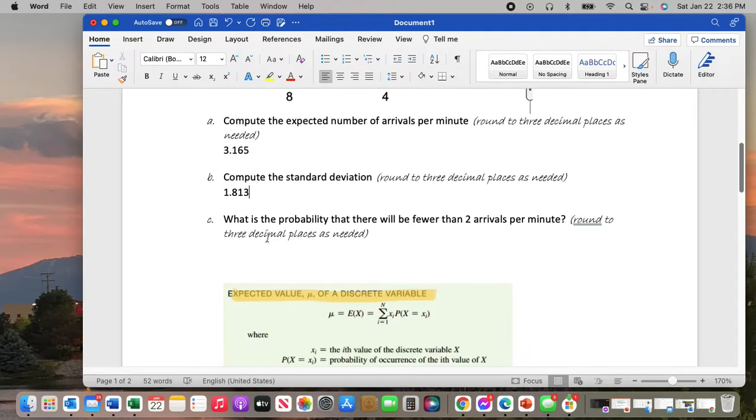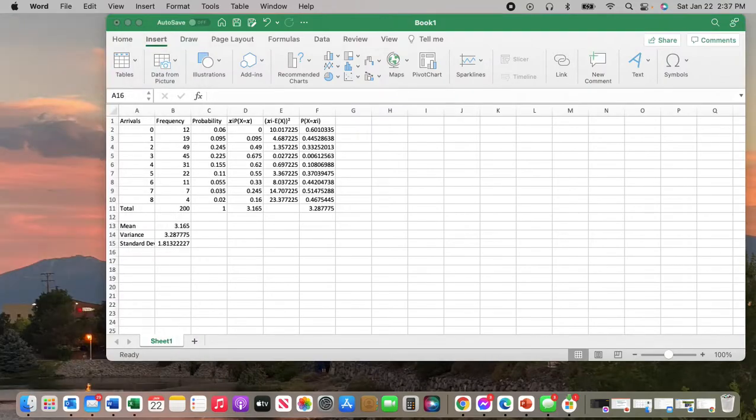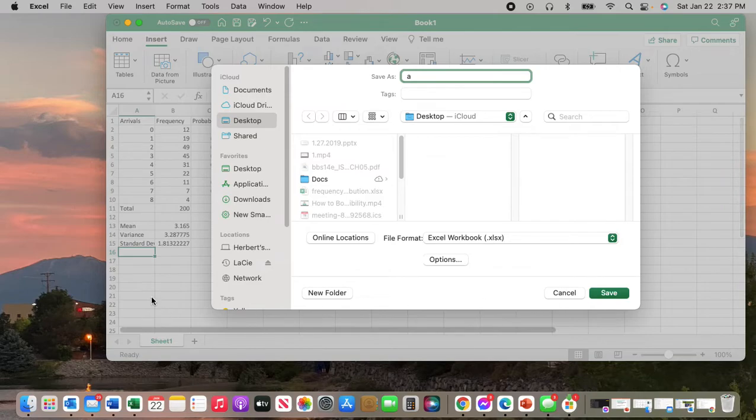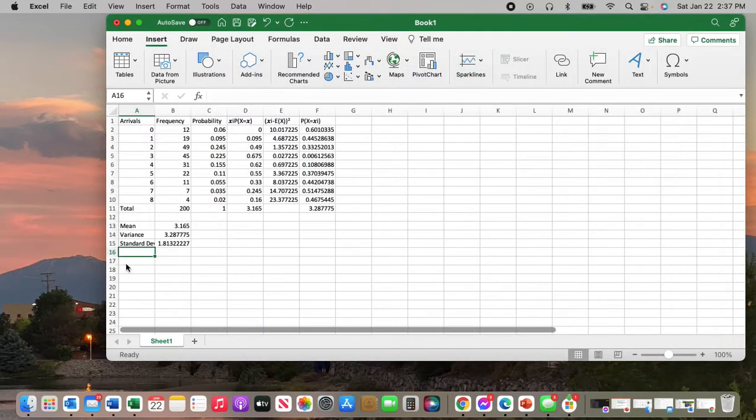All right, so now what is the probability that there will be fewer than 2 arrivals per minute? Basically, the probability of being less than 2.